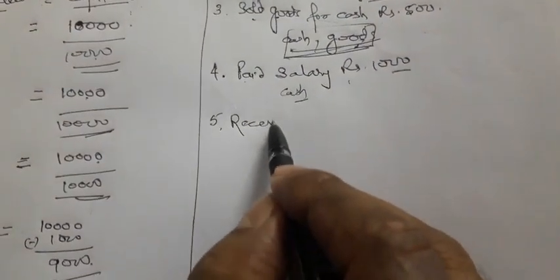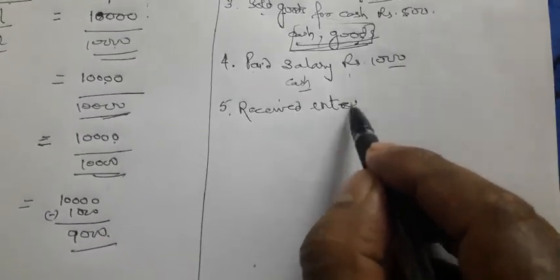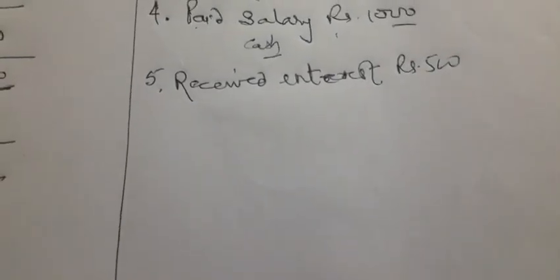Number 5. Received interest, rupees 500. Now the businessman has received interest from somewhere of rupees 500. This interest has been received in the form of cash.